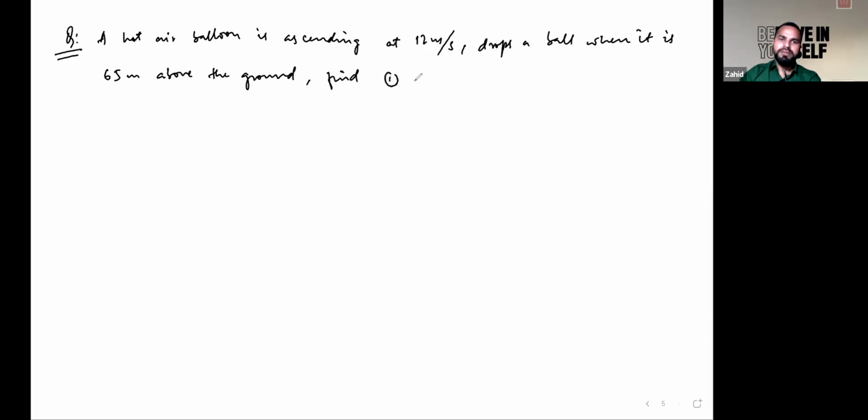Find, first, the time of flight, and second, the velocity with which it will hit the ground.